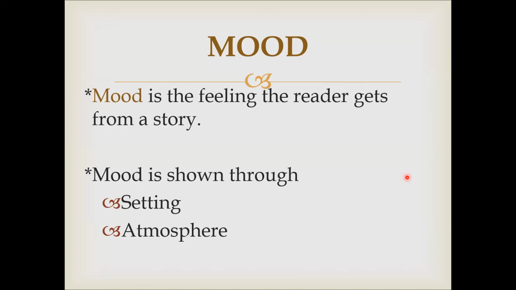Very good, the setting and the atmosphere. And Kiajani, are you there? Yes, sir. Can you read the definition for mood for me? Mood is the feeling the reader gets from a story. Mood is shown through setting and atmosphere. Very good. The mood is shown through the setting and through the atmosphere.